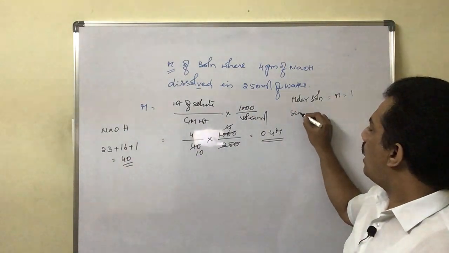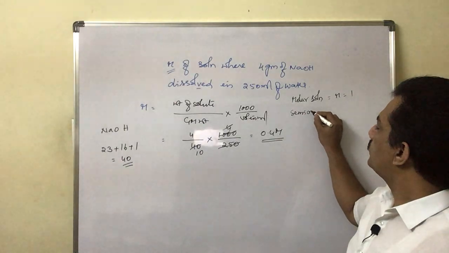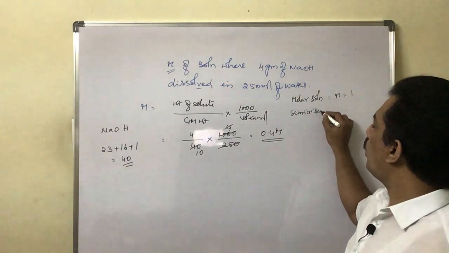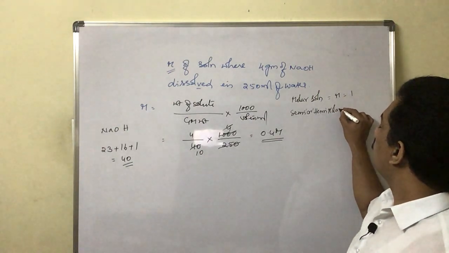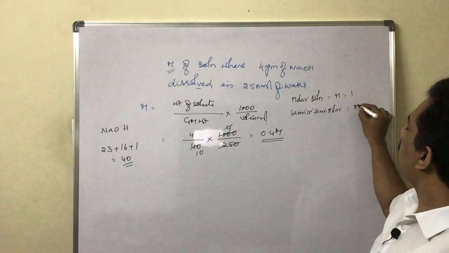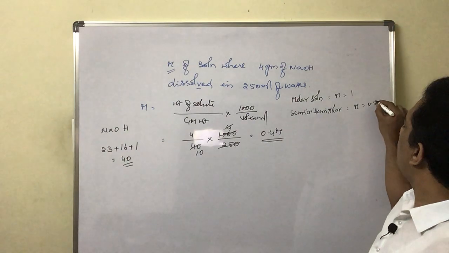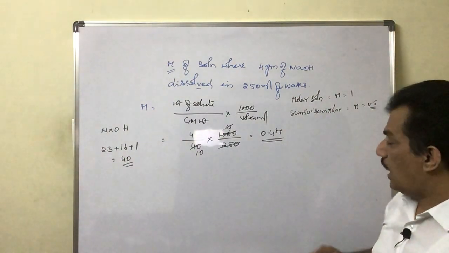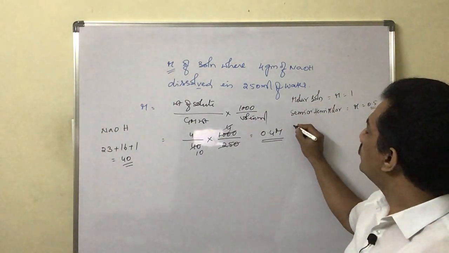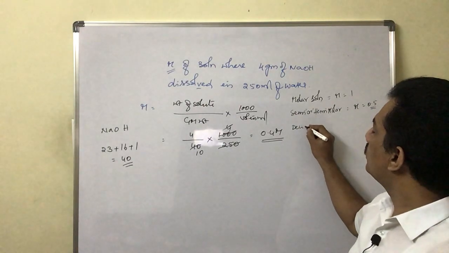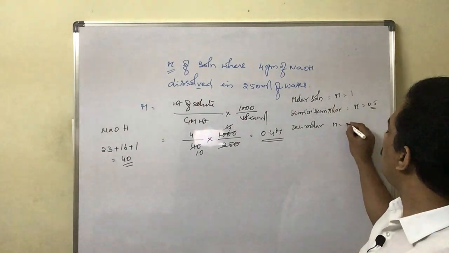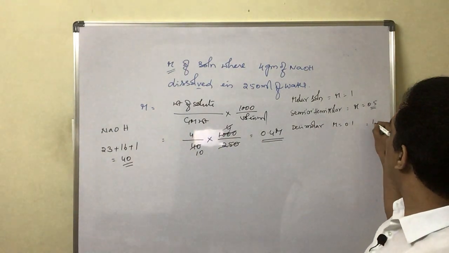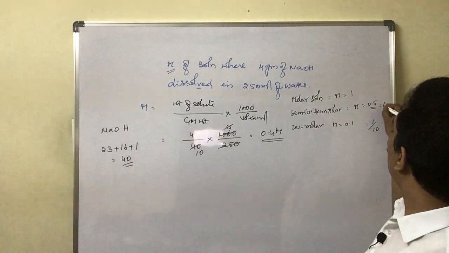Semimolar or hemimolar means molarity is 0.5, that is 1 by 2. And if it is decimolar, molarity is 0.1, that is nothing but 1 by 10.